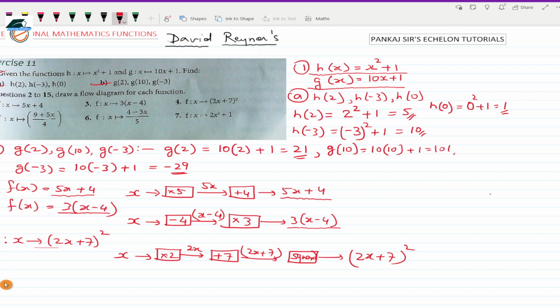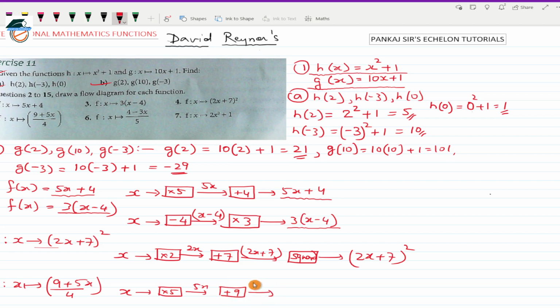And the fifth one is, again I write the function in this notation: f semicolon x arrow mark, you get 9 plus 5x whole upon 4, right? So the flow chart for this should start with the x arrow mark. It gets multiplied by 5 first. You get a 5x. Then it gets added to 9, so plus 9.